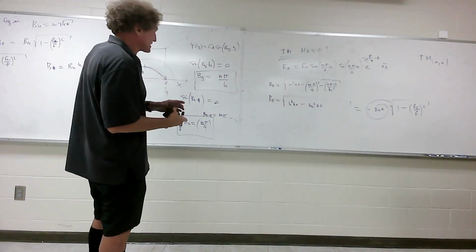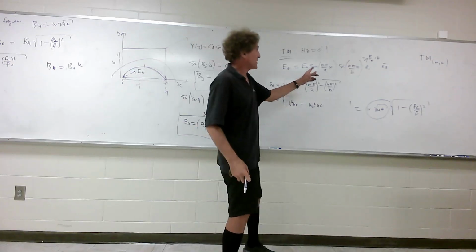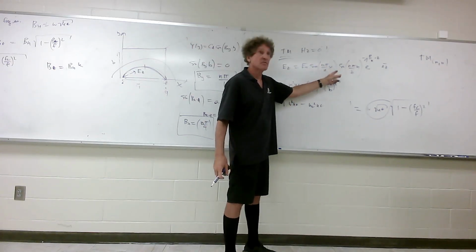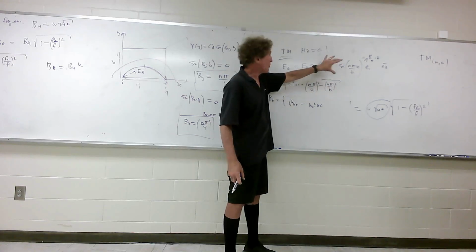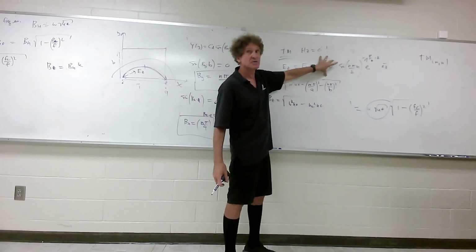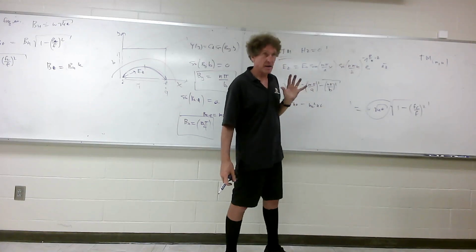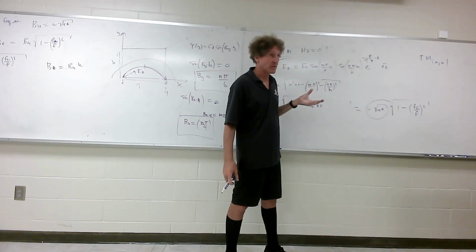If you think about that, if M was 0, then this sine of 0 is 0, isn't it? This whole thing would be 0. There would be no sustained field. If N was 0, it would be 0 all the time.